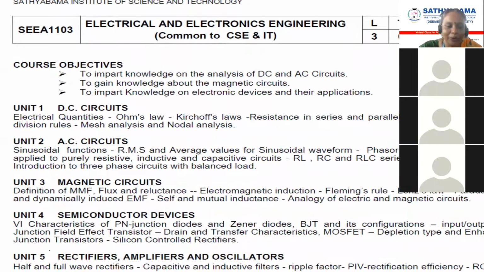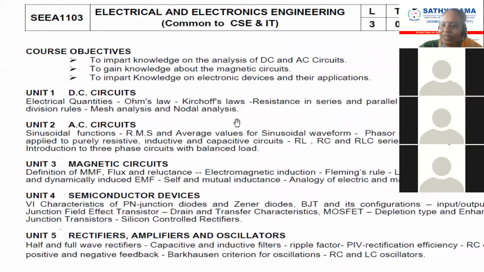I already told you there are 5 units here: unit 1, unit 2, unit 3, unit 4 and unit 5. While we correlate the course objectives with your syllabus, the first unit is DC circuits, the entire unit is about direct current circuits. The second unit is about AC circuits, alternating current circuits.